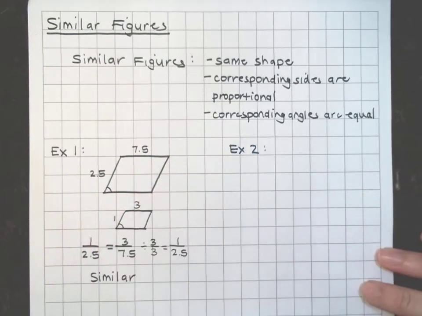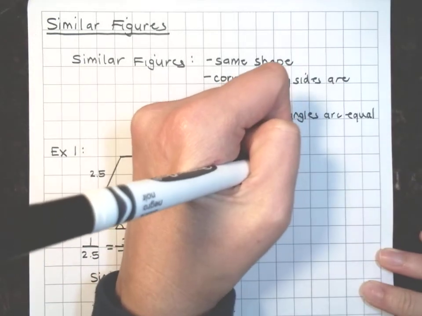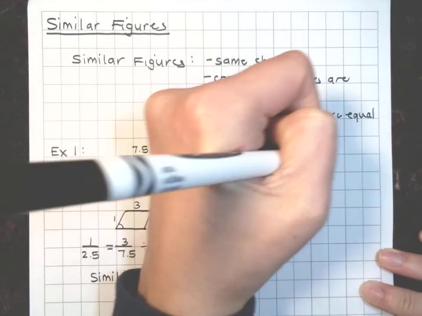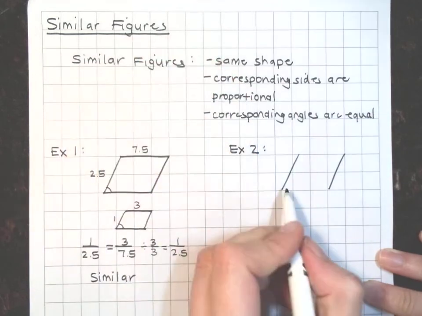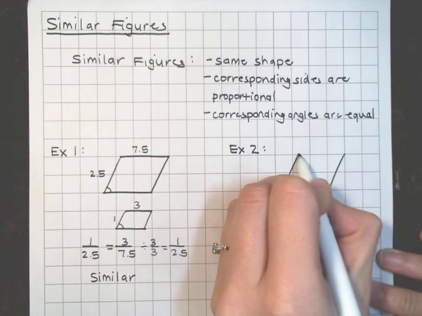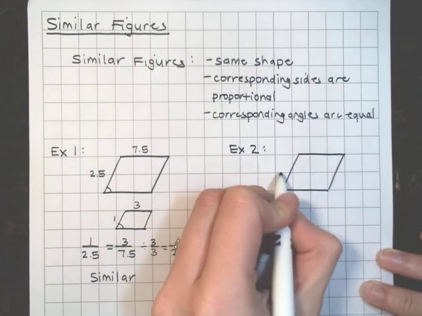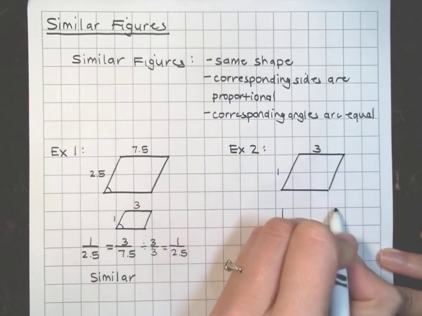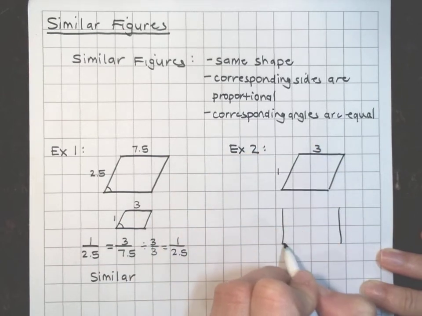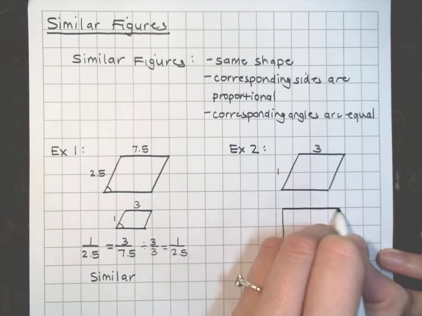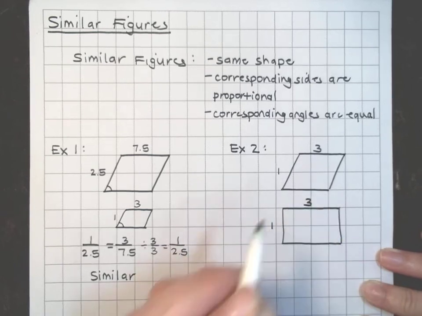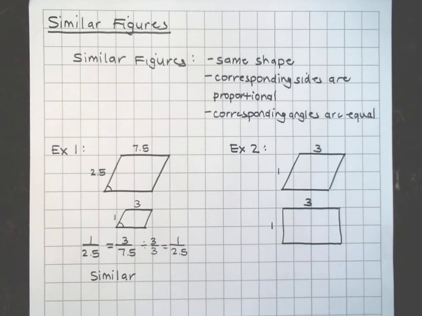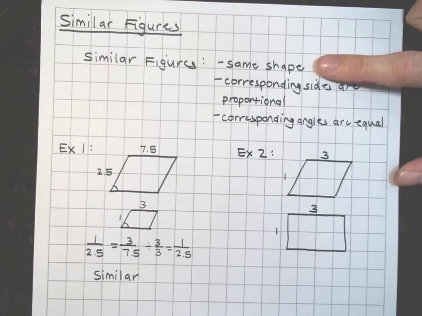Let's do another example. This side is 1, this side is 3. This side is 1, this side is 3. So we'll just go through our checklist.